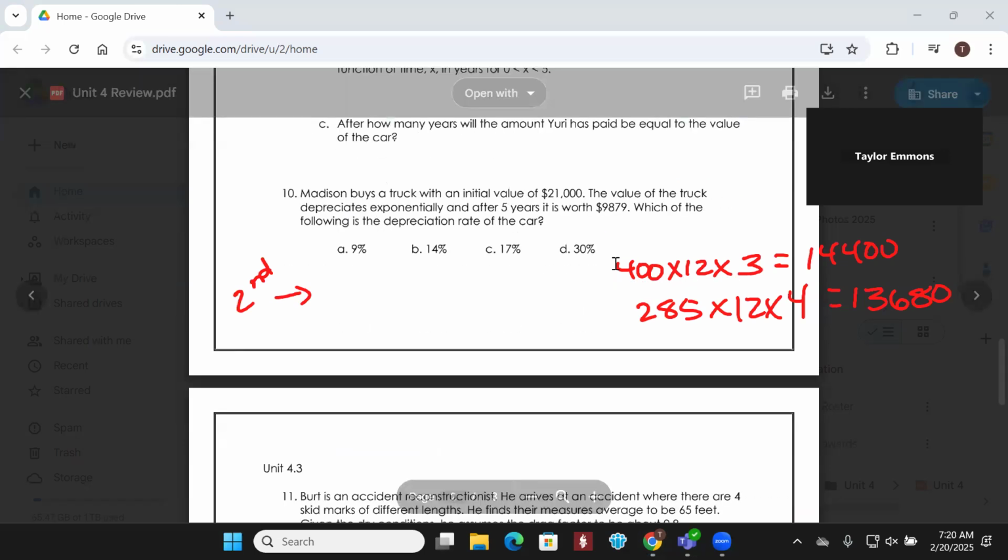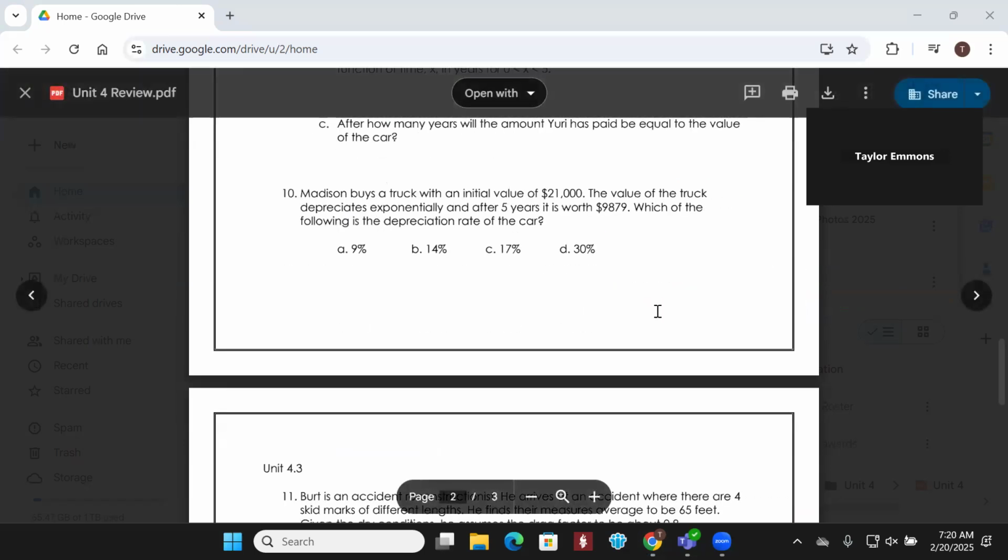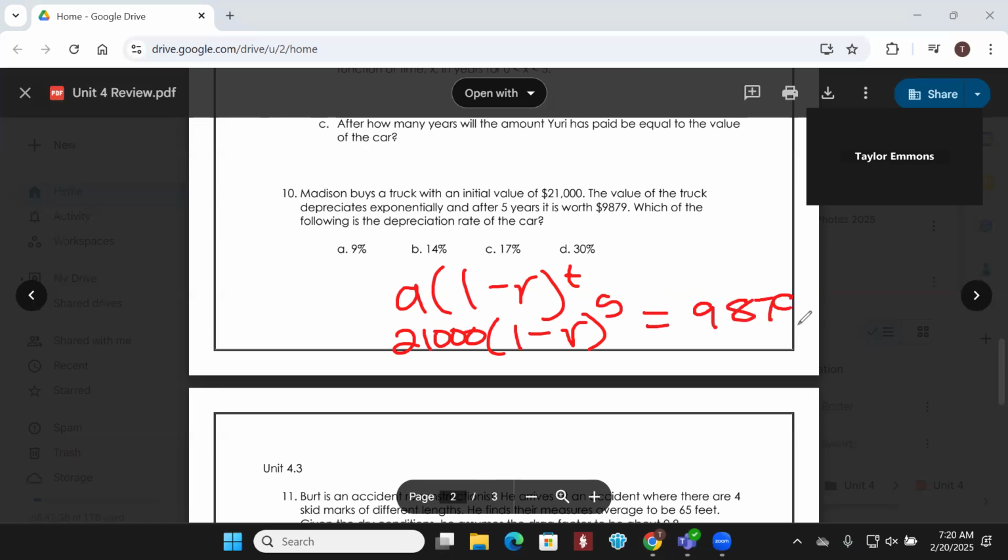Did we not do that one yesterday? Maybe not. Okay. So on this one, number 10, it's talking about depreciation, which is this formula. With that formula, what you're going to do is plug in your initial, which is 21,000. We don't know what the rate is, but in 5 years, it's going to equal 9,879.